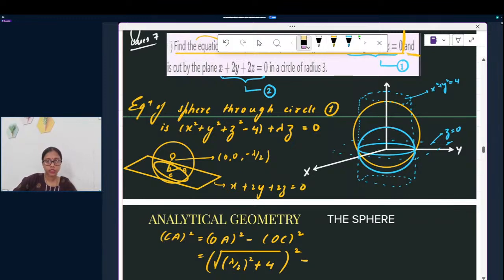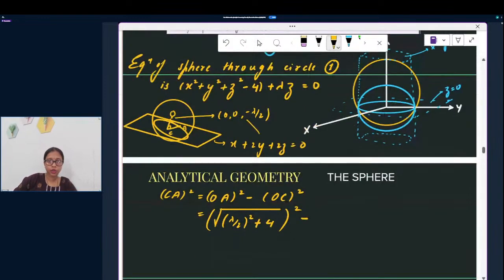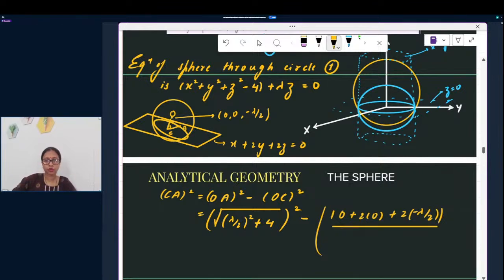So find the distance. First substitute the point. That is modulus of 0 plus 2 times 0 plus 2 times minus lambda by 2, divided by square root of 1 square plus 2 square plus 2 square, whole square.